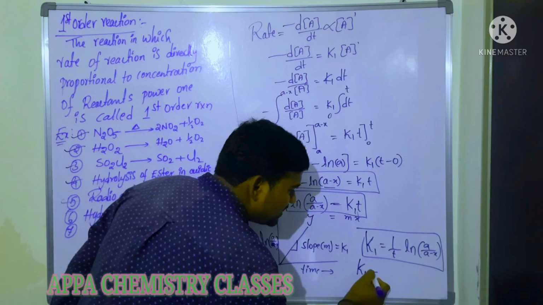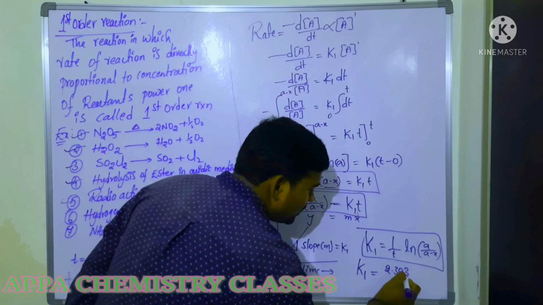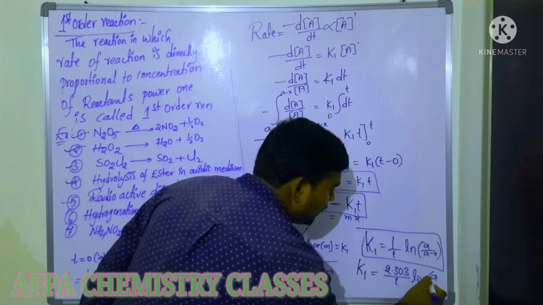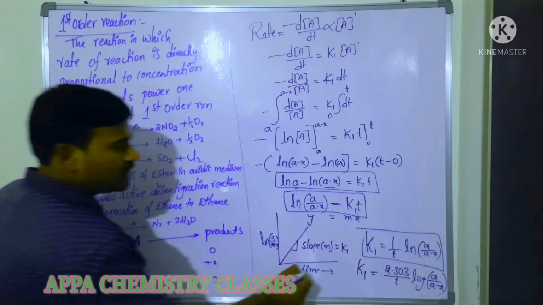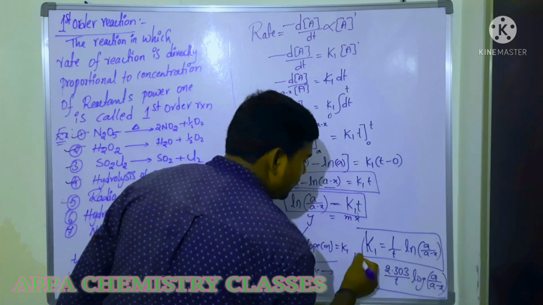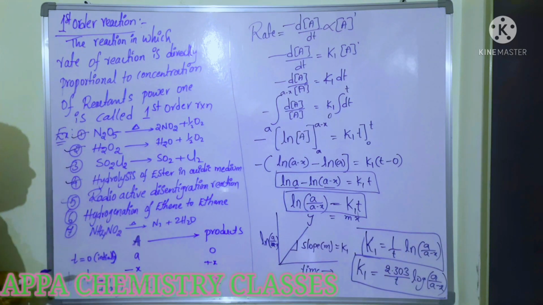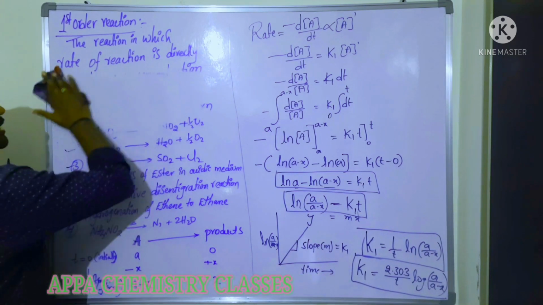If you replace ln with log, we have to multiply with 2.303, so K1 is 2.303 by t log of A by A minus x. Is that clear? These are important relations, the rate constant when the reactants are expressed in terms of concentration.